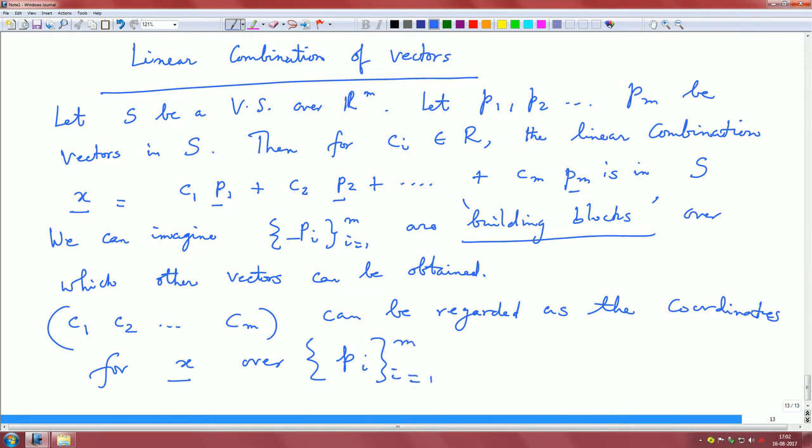No different from our notion of, for example, if you think about 2-dimensional space, 2i plus 3j, right. If you think about it as 2i plus 3j, that means in the i direction you are going 2 steps, and in the j direction you are going 3 steps. It is basically a position vector 2i plus 3j. So, your i and j you can think about as P1 and P2, and your 2 and 3 are basically coordinates.